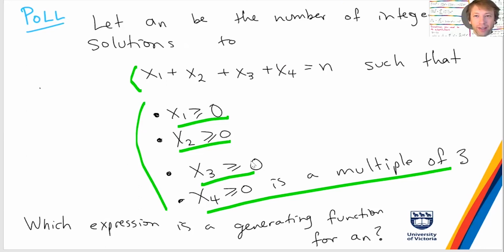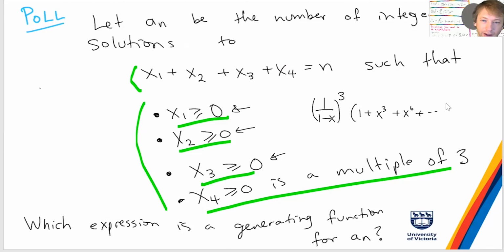So let me start doing it. The first 3 exponents should be 0 or 1 up to infinity, so you get one of these things cubed. Then this one's supposed to be a multiple of 3, which means I've got 1 plus x cubed plus x to the 6, dot, dot, dot.